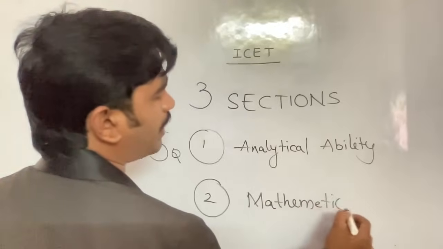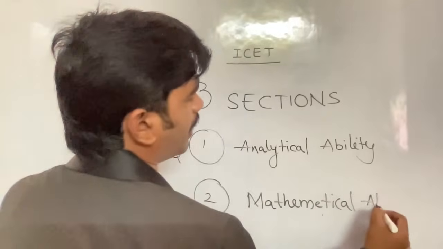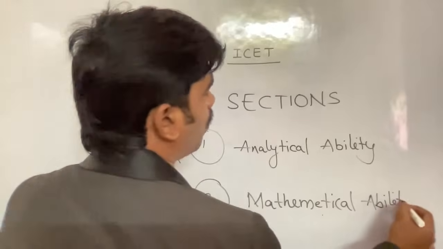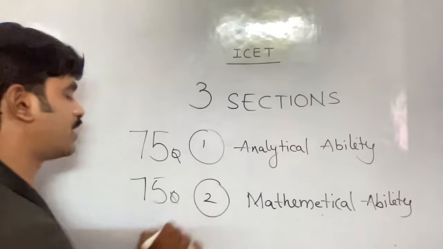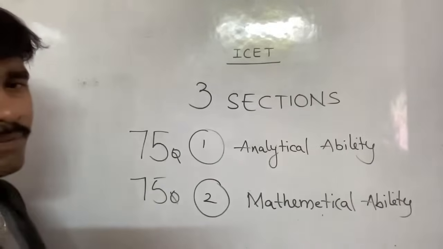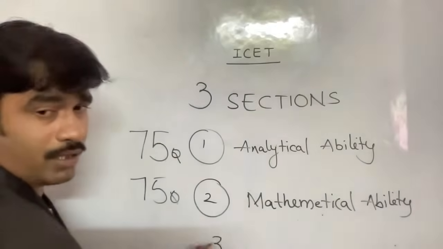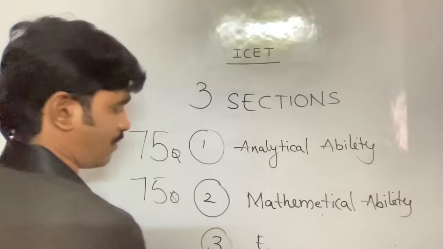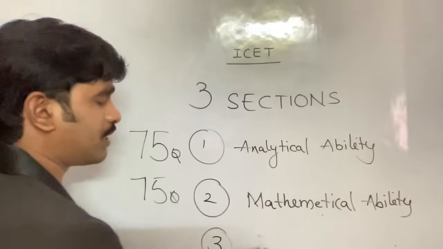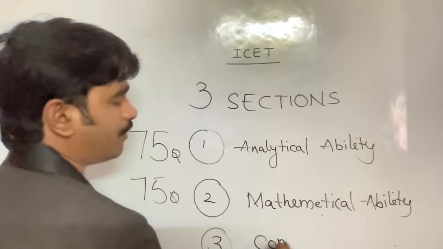Under mathematical ability, you are going to have another 75 questions. And the third section is going to be English, which we can call communication ability.